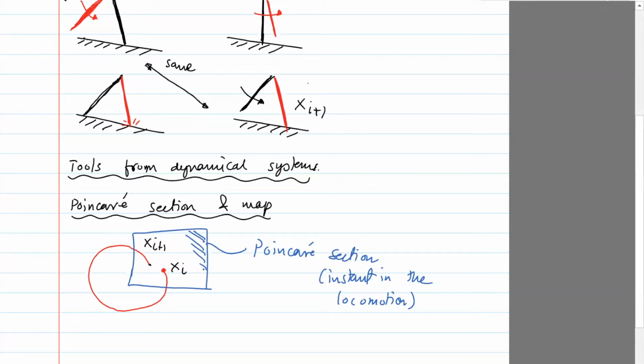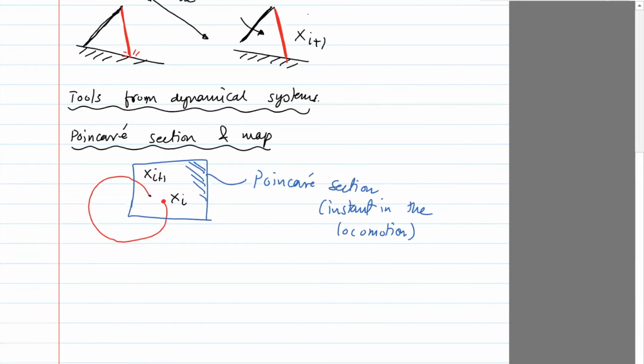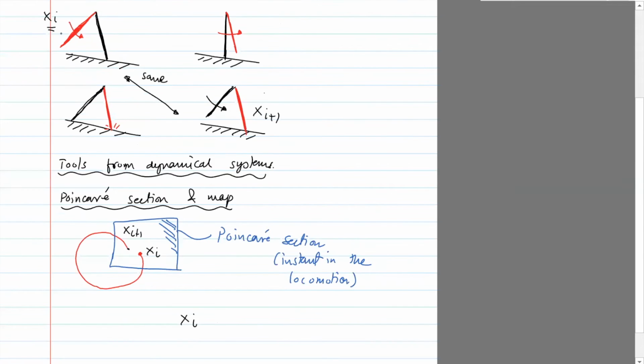We are trying to take snapshots of the robot at the Poincare section. So if I have this xi, it goes through this motion, and that motion is described by Newton's laws, or using the Euler-Lagrange method.